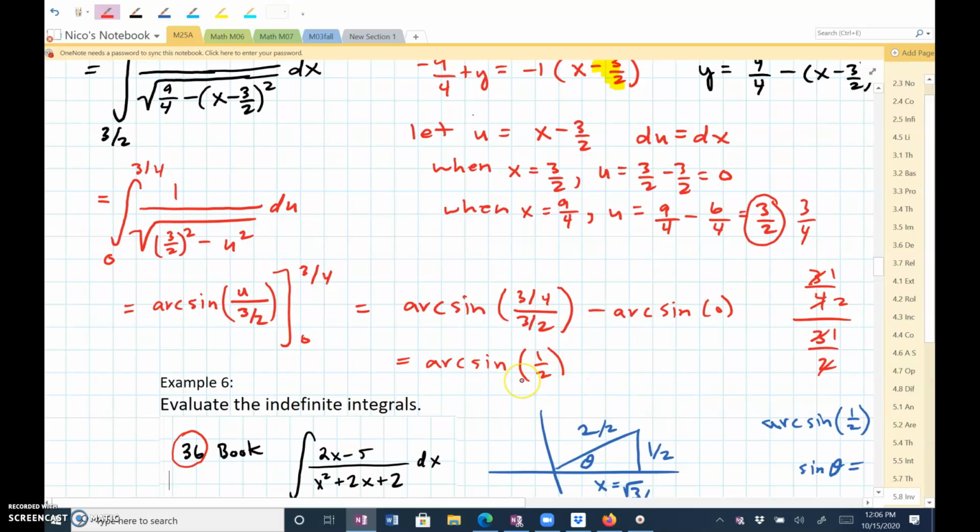So arc sine of 1/2, if this is equal to theta, sine of theta is equal to 1/2. Theta would be pi over 6. So that's the answer, pi over 6.